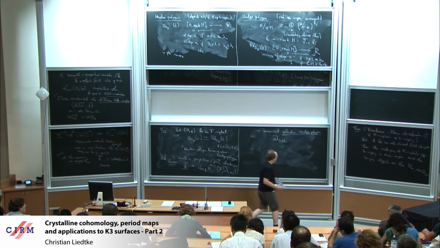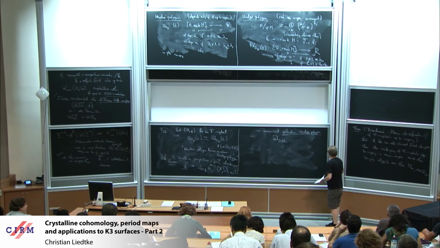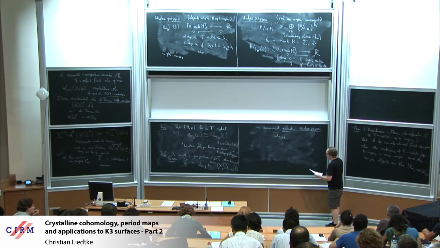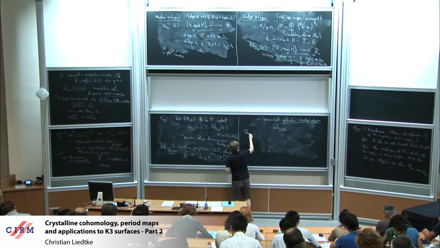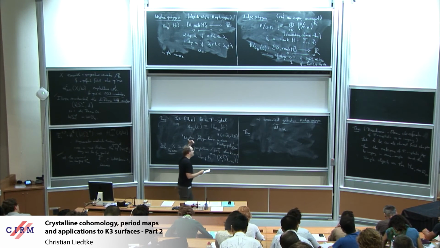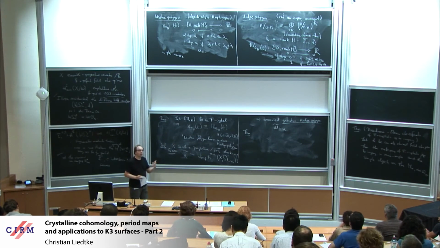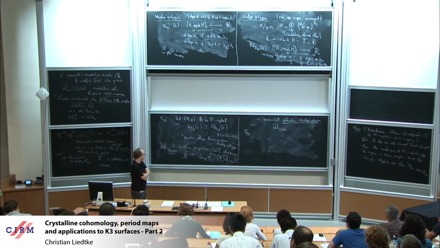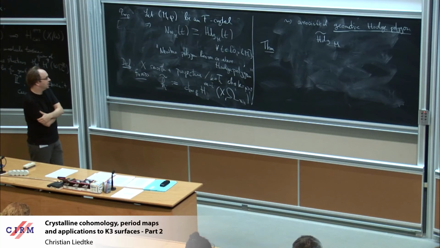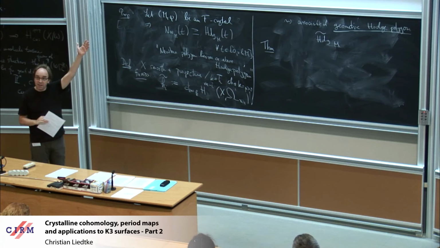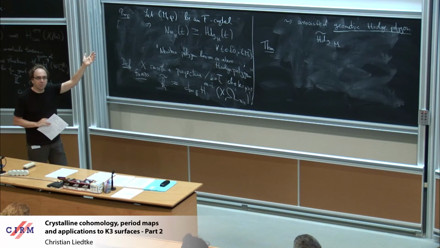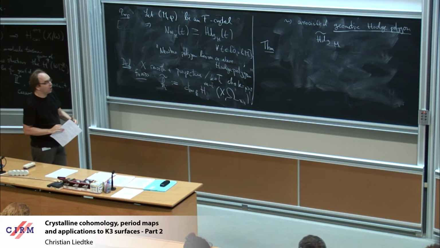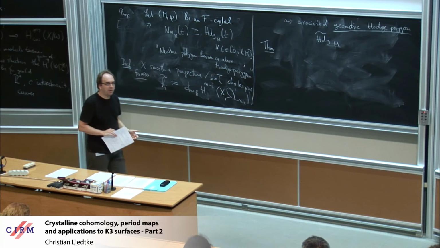And somehow the main point of this whole business is the following theorem due to Mazur, Nygaard, and Ogus, which tells you that if your crystal comes from geometry, so if it comes from the m-th crystalline cohomology of some nice variety, then the geometric Hodge polygon coincides with the Hodge polygon simply in terms of the F-crystal. In other words, the F-crystal in fact encodes the Hodge numbers, and the Newton polygon lies on or above it. And that partly answers your question.